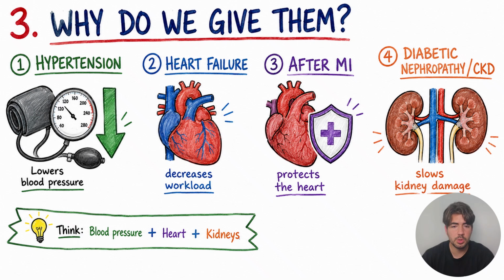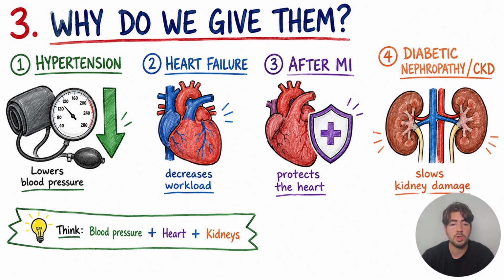ACE inhibitors are commonly used for hypertension because they decrease vascular resistance and lower blood pressure. They're also important in heart failure because by reducing the blood pressure and the fluid retention, they're going to be decreasing the workload of the heart. After a myocardial infarction, ACE inhibitors can help prevent harmful remodeling of the heart.